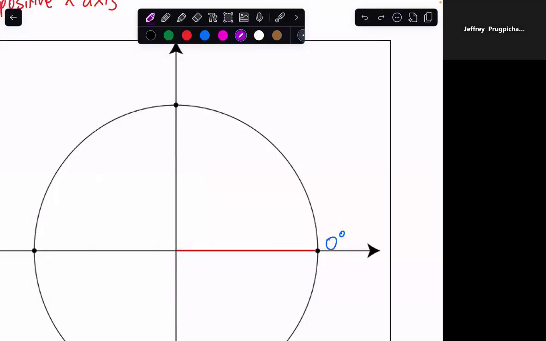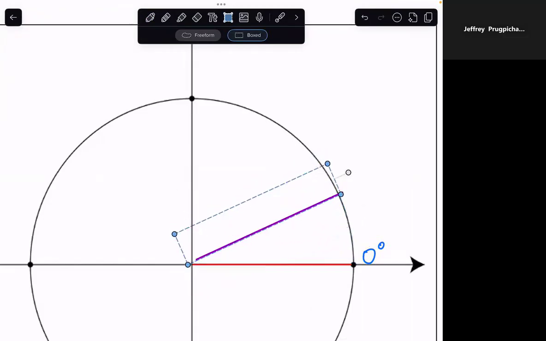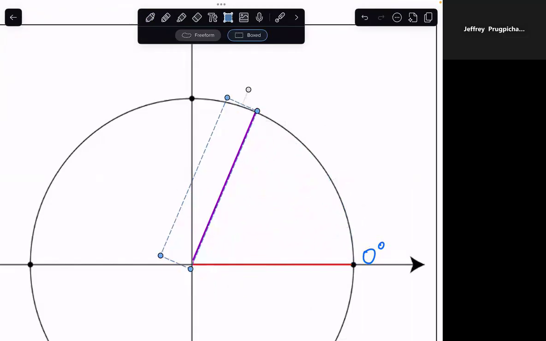Sorry, I'm trying to use technology to make, whatever. Pretend these overlap. I want to make this basically open up. I want to rotate it to form a bigger angle.